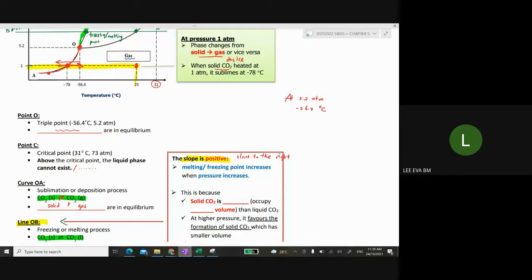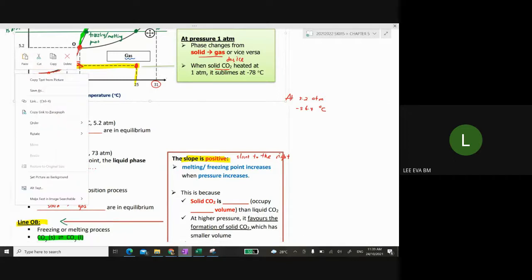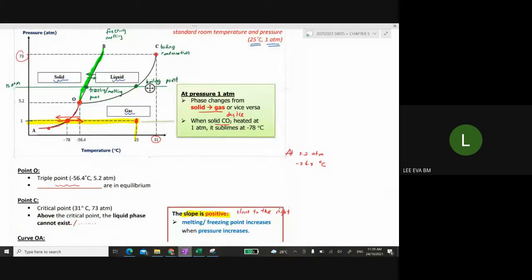So when the pressure increases, your melting or freezing point increases. If you refer to the phase diagram over here, you can see the pressure increases going upwards from point O to point P. Your temperature also increases from negative 56.4, getting higher and higher.